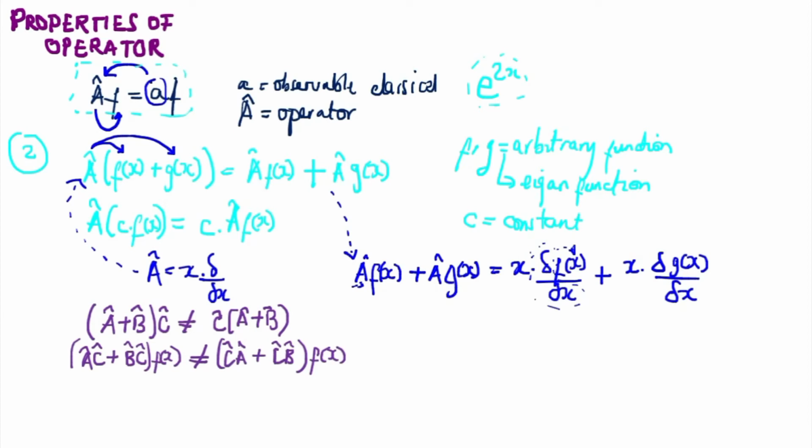In this case, let's look at these two arrangements: B operator C acting on f versus C operator B acting on the same function. What we notice is that when B is acting on f, we get a different value from when C is acting on f of x.